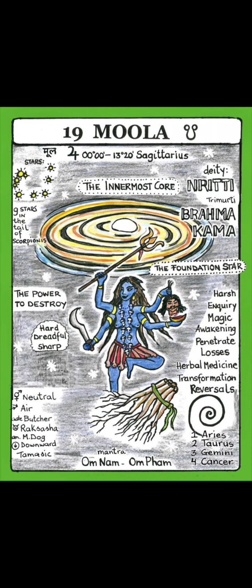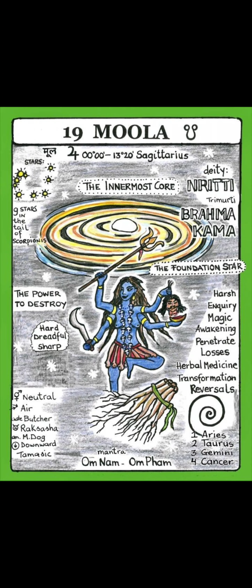The first pada always falls in a fire sign. That's why we see number 1 is Aries. And that first pada, the fire sign, is the energy of creation. The second pada is Earth. We have Taurus, and that's the energy of sustenance. Then the third pada is always going to be in an air sign, and in this case, it is Gemini.